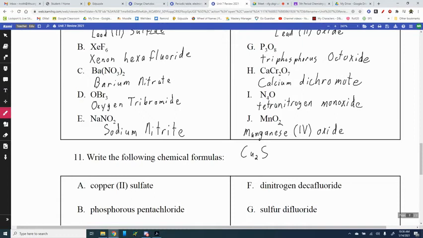So that means we have to have a +2 to balance it out. Now, since there are 2 coppers, that means each individual ion of copper has a +1, which means our Roman numeral is going to be 1 because the Roman numeral tells us what the charge of each individual ion is. So like that. Okay.